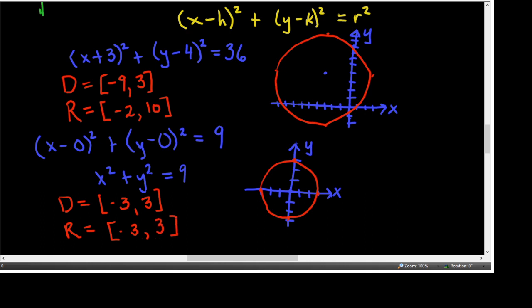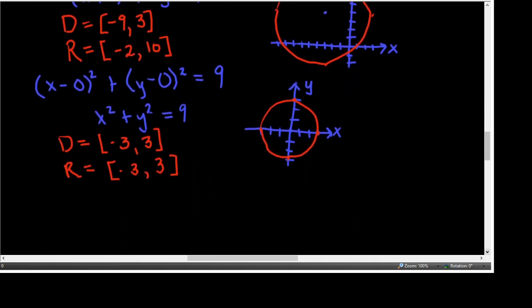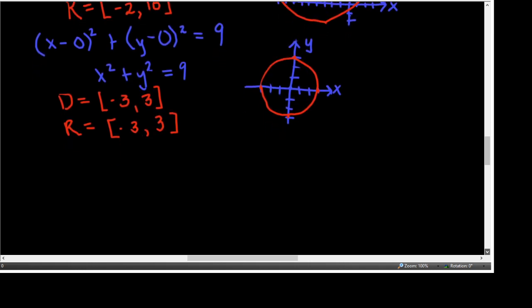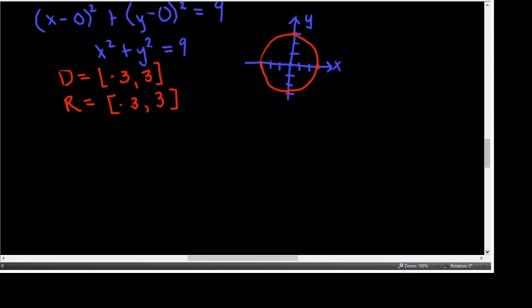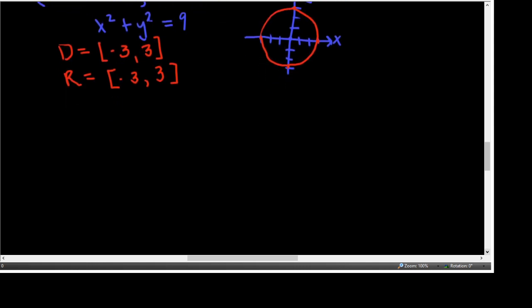Alrighty. So, the general equation for the equation of a circle is going to look like this, as soon as I get this moved down so that I can have room to write. It is in the form x squared plus y squared plus dx plus ey plus f equals 0.